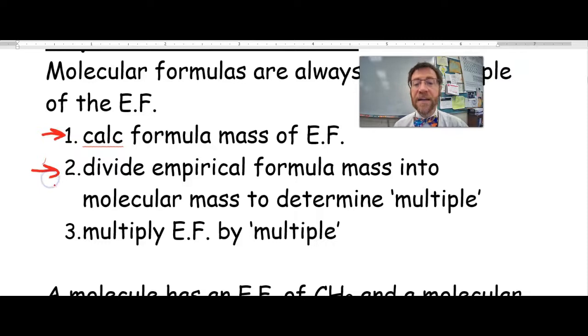Then what we do is we divide the empirical formula mass into the molecular mass to determine what we're going to call the multiple, because that tells us how many times the empirical formula goes into the molecular. And then we multiply the empirical formula by the multiple. Well, actually, instead of saying multiply, let's use a slightly better math term. We're going to distribute the multiple through all of the subscripts. Ooh, that was fancy. Right?